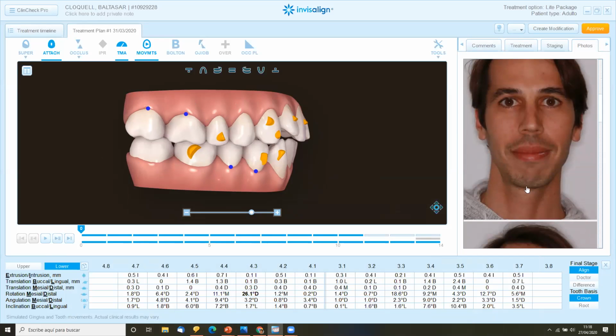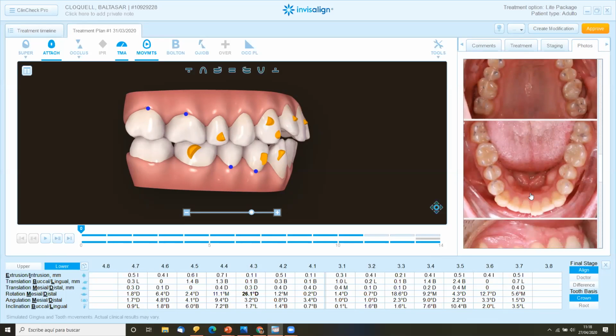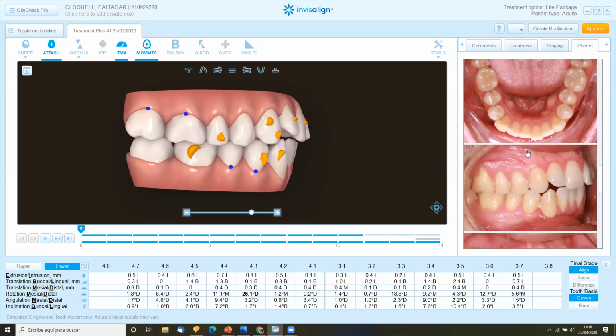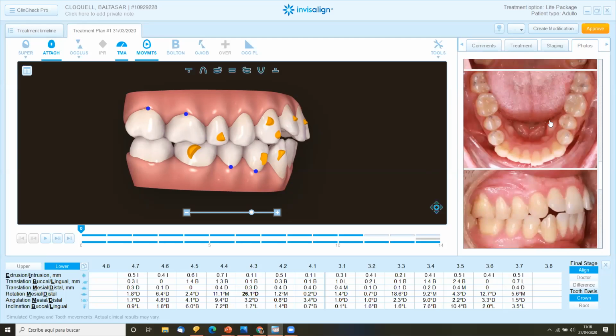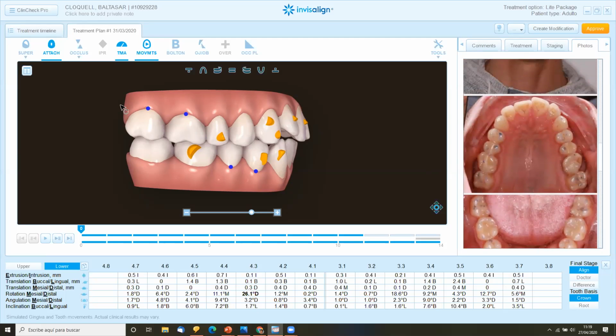So the way that we do that is going to the reality, and the reality is no other than the records of our patients. So first thing, look at the movements of the molars. Intrusion, a lot of movements in the molar.